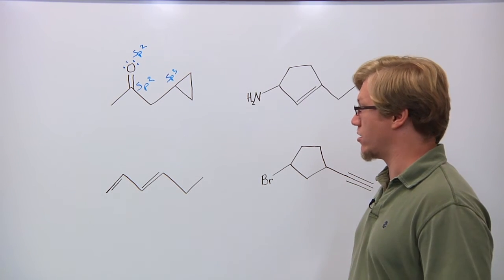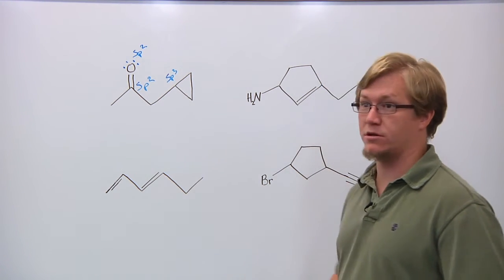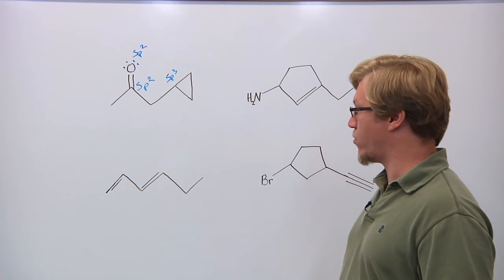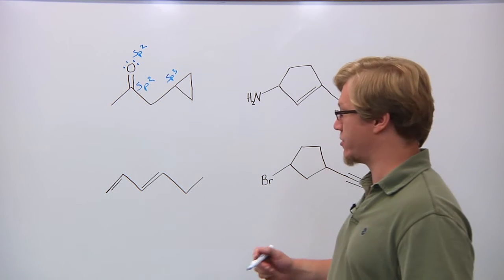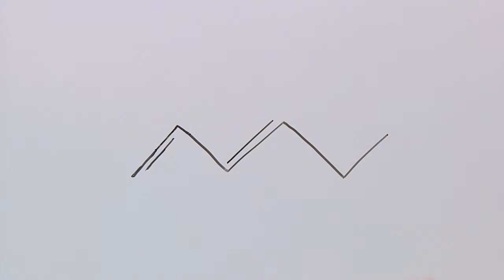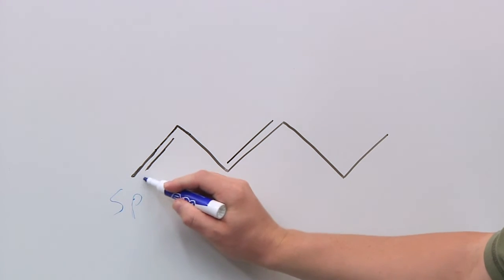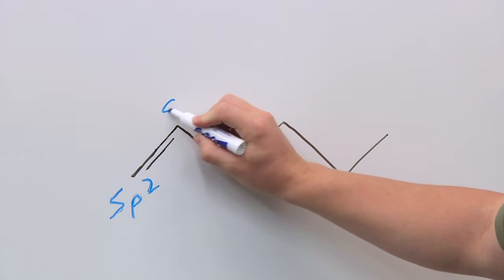Now for the second molecule, we're going to look at a molecule with 2 double bonds in it. As we've seen before, if a carbon has 1 double bond on it, it is sp2 hybridized. And if we look at each carbon, we see that each of these first 4 carbons has one double bond. So they are all going to be sp2 hybridized.